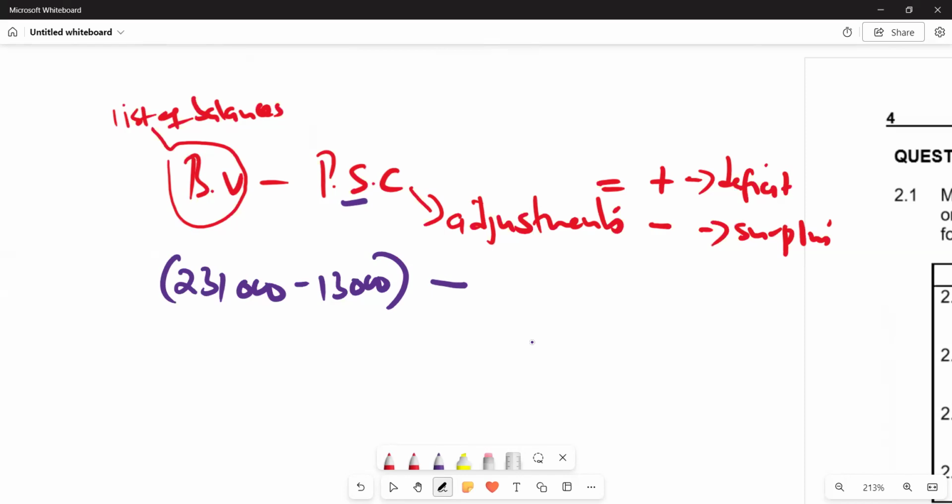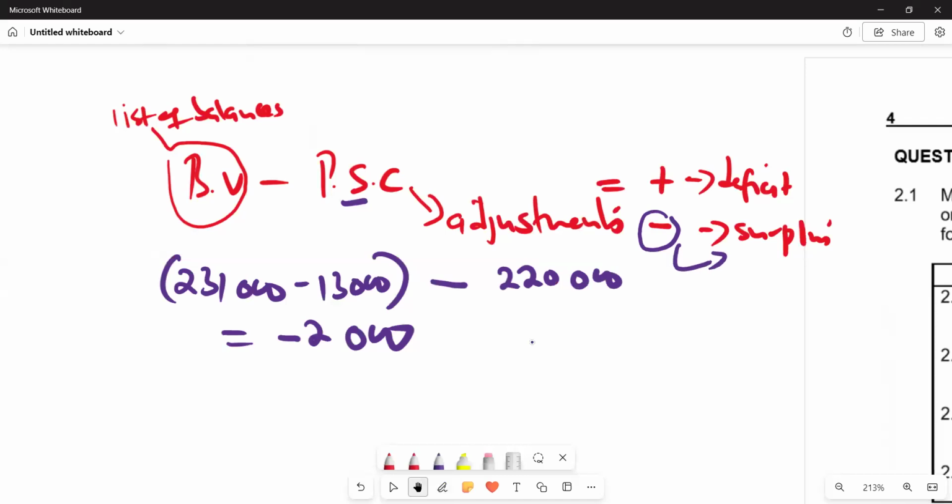We identified that is our 220,000. So we calculate it as such. You see that the answer that you are going to get there is going to be 2,000. And it's going to be a negative. And we say the negative represents a surplus. So this is what we have.